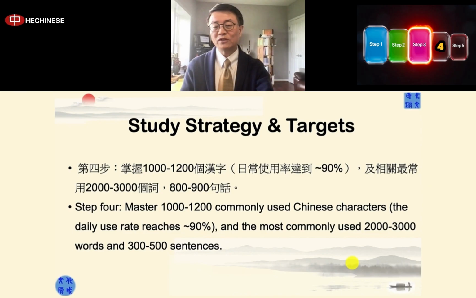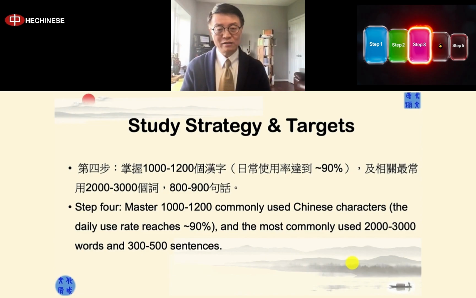The daily use rate reaches around 90%. So up to this stage, actually, you can read almost everything in a daily newspaper or regular reading material with some genius guessing, right? It's not perfect, but it's good enough to be able to read and speak.